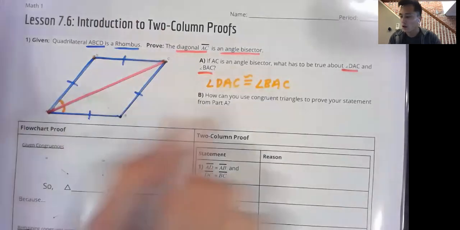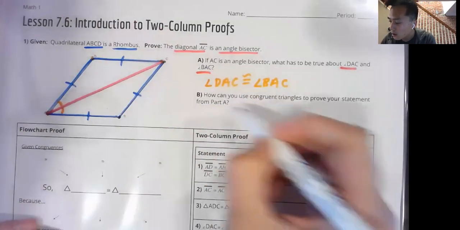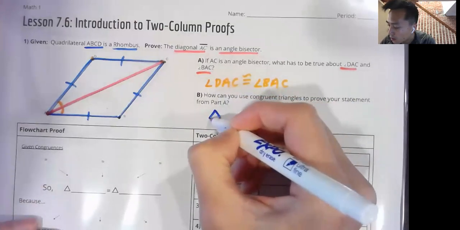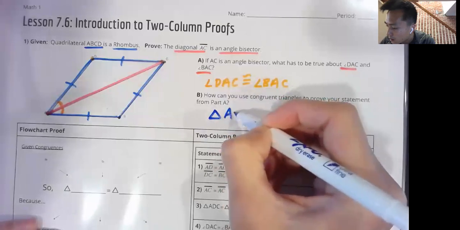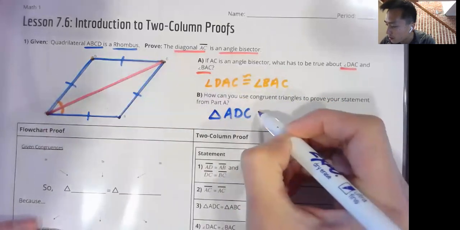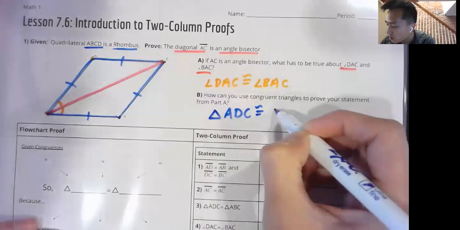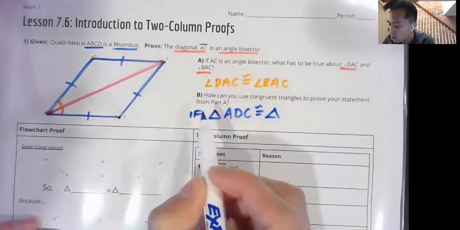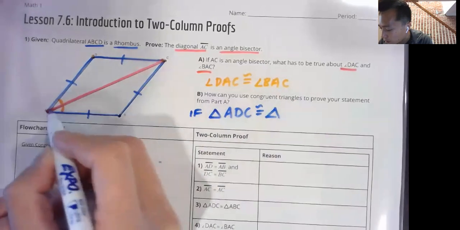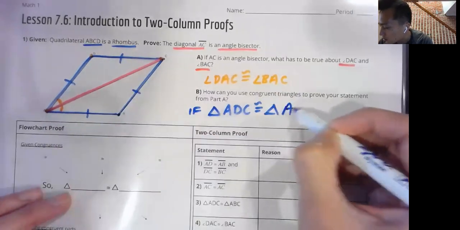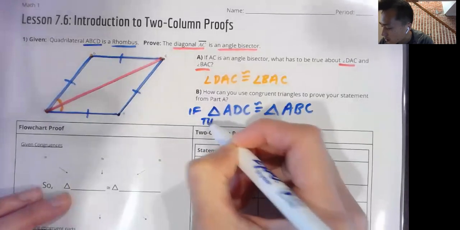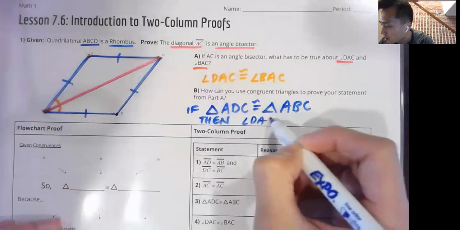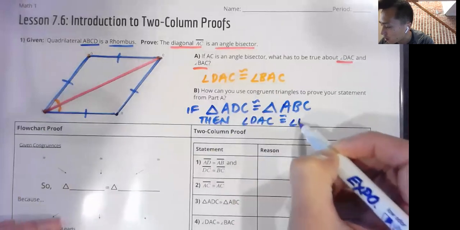Okay. So how can we use congruent triangles? If we can prove that triangle ADC, that's the top triangle, is congruent to the bottom triangle, which is ABC, then we can conclude that angle DAC is congruent to angle BAC.